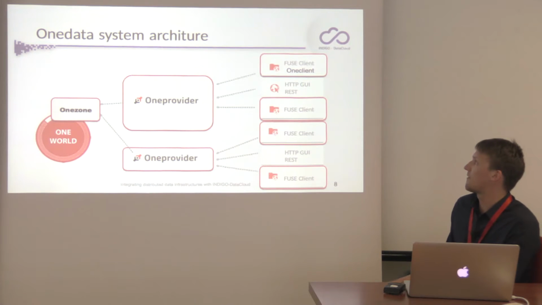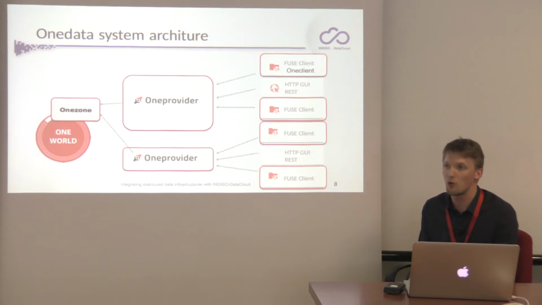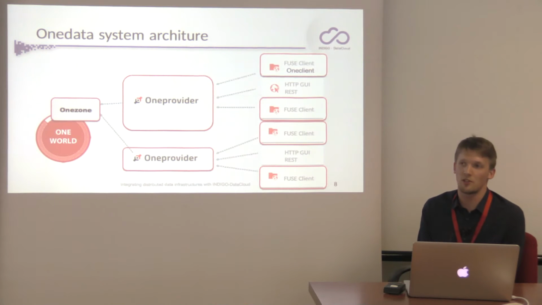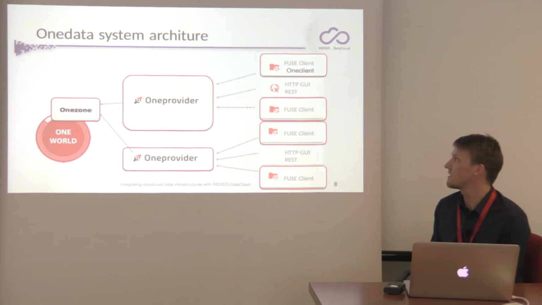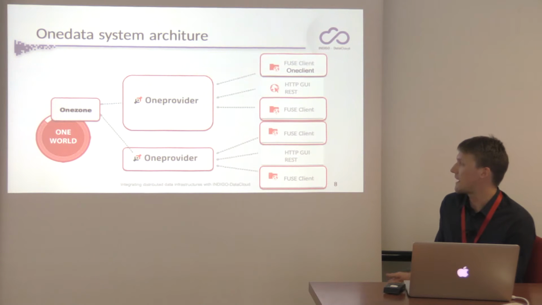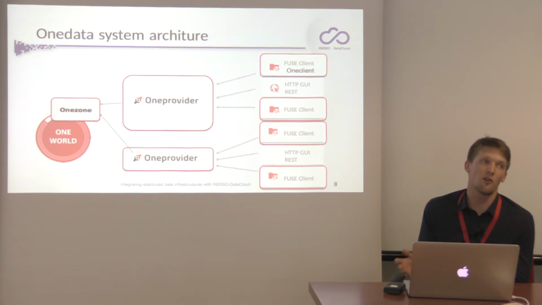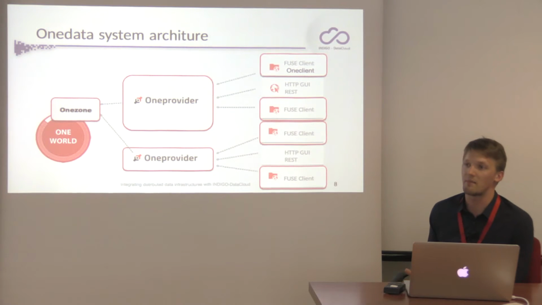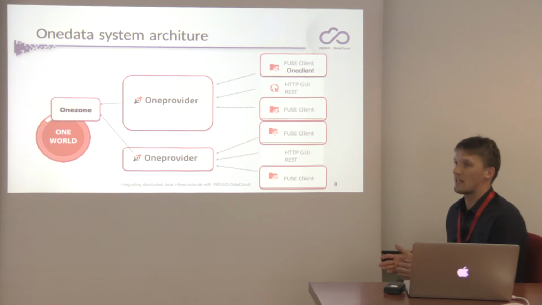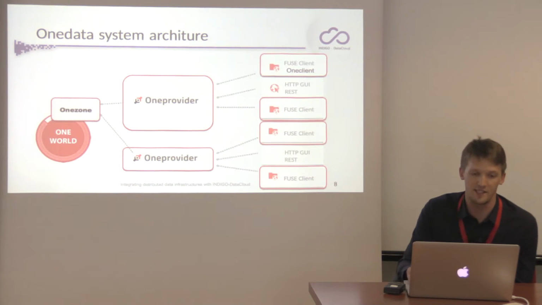And then we have the HTTP GUI, which is very similar to what Dropbox provides, for instance, and REST interface and CDMI interface for manipulating your data and performing certain operations like adding metadata or forcing a replication on our system.